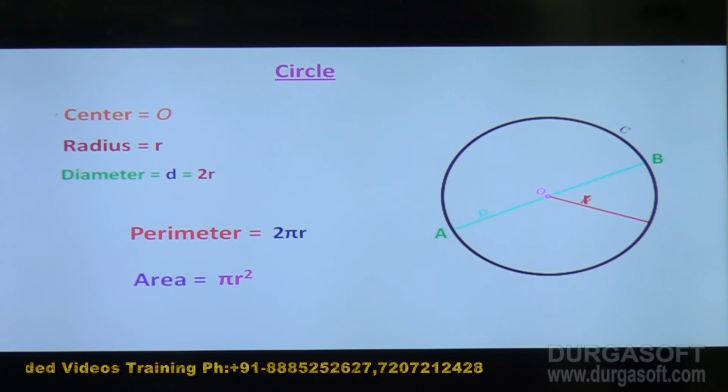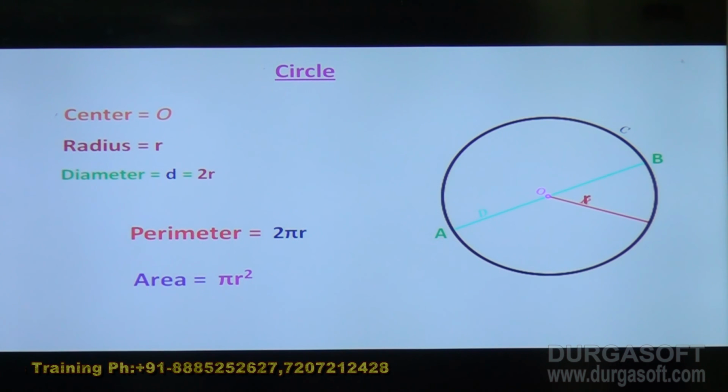So in a circle we have to remember, consider 2 points on a circle, point A and point B. From that take O as the center origin, and from O to the point where it touches the circle, we treat that as the radius, and the diameter D is equal to 2r, right?